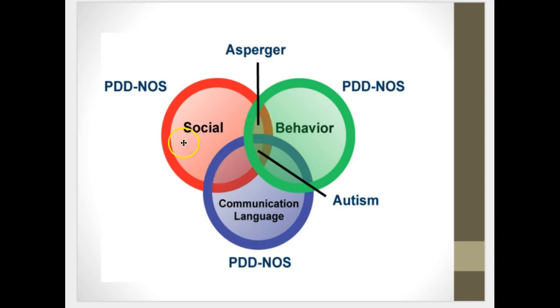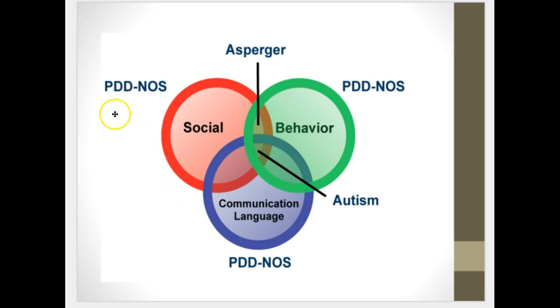If the child had social and communication deficits, they were often termed something called PDD-NOS, because they weren't truly all three categories and they couldn't fill in the categories. They gave a child that label, and it stands for pervasive developmental disorder not otherwise specified.